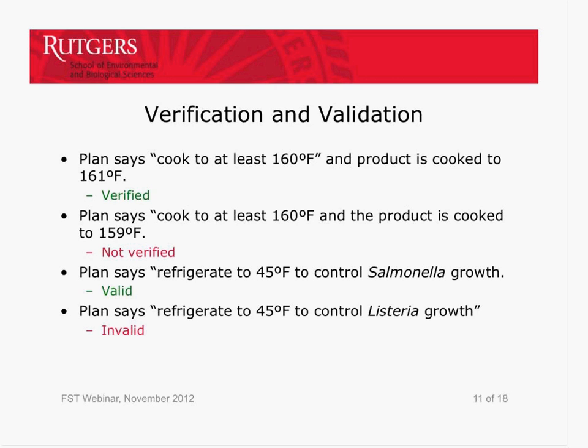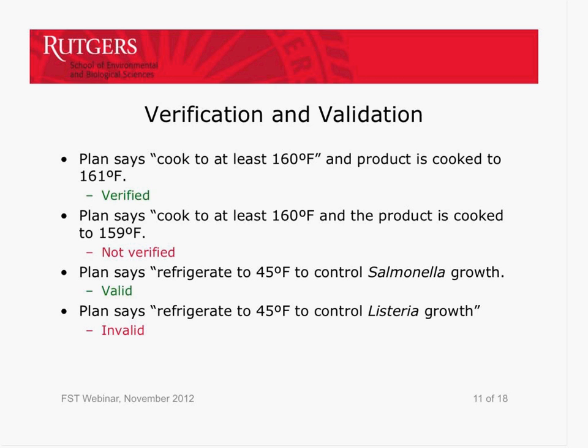So if a HACCP plan says that you cook this product to at least 160 degrees Fahrenheit, and you test the product and measure the temperature at the end of the cooking process, and you find that the temperature is 161 degrees Fahrenheit, well, in fact, you have verified that step in the process.